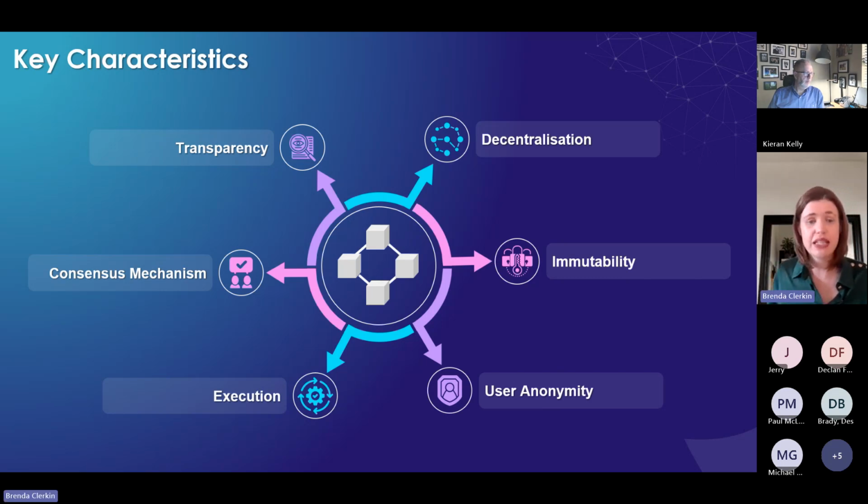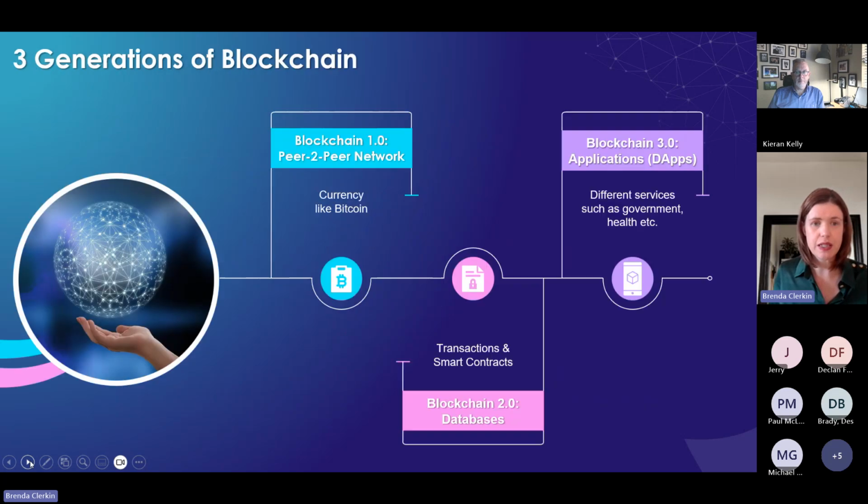And with all of that in mind, that increases the transparency with which we can operate on the blockchain. We all have visibility, as different users on the blockchain, of the transactions that are there. So these are very different features and characteristics to what we have today in regular databases for storing and sharing our data.